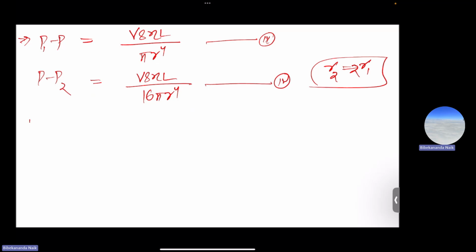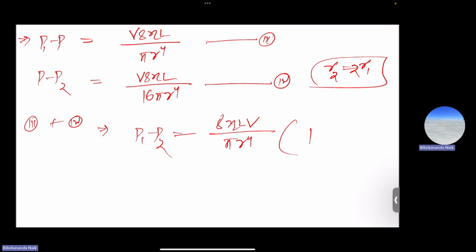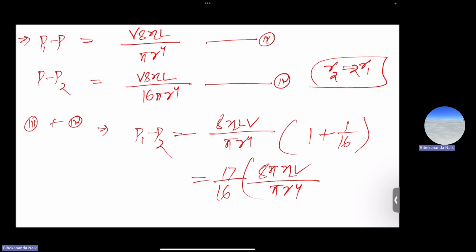So if you add, P1 minus P2 equals 8 eta L V divided by pi r to the power 4 into 1 plus 1 by 16. It is 17 by 16, 8 eta L V divided by pi r to the power 4.